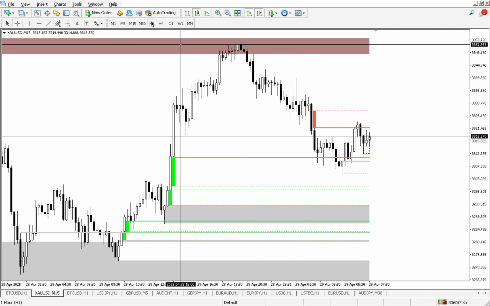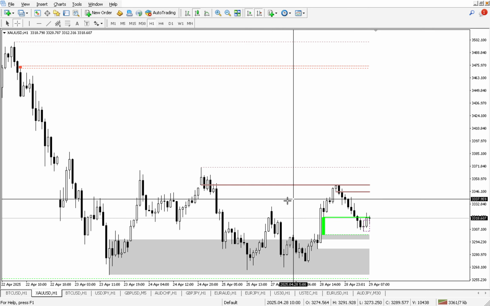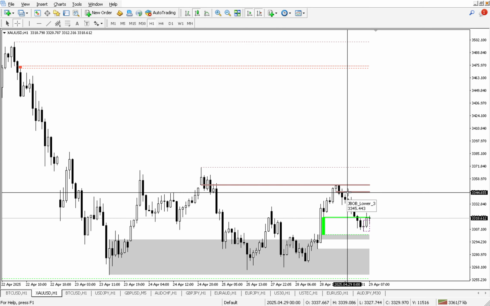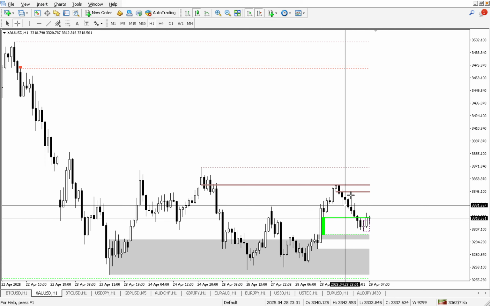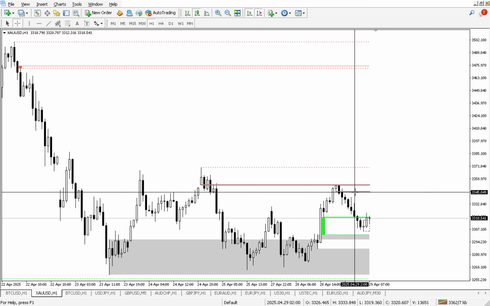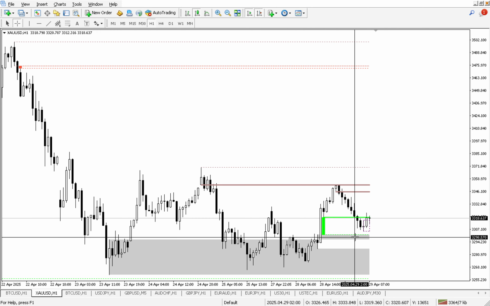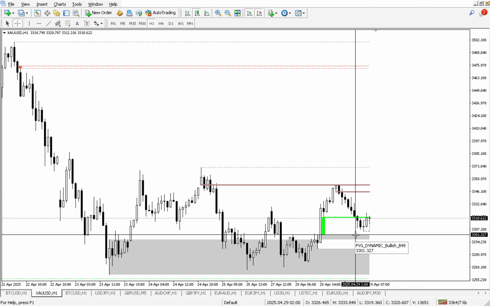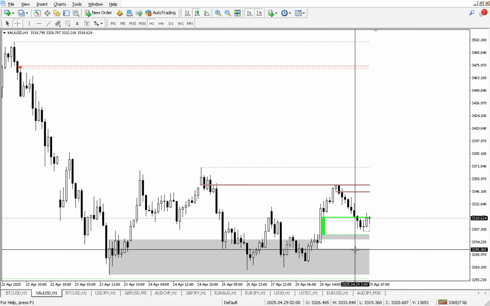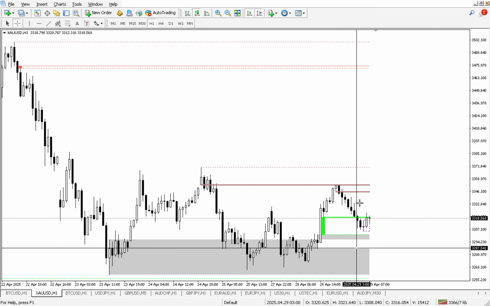If I go on the 1 hour, which is the one that I mostly use, the 1 hour will tell us that the most important region for sell would be around 3,345. But this is after price taps into our 3,301 level all the way to 3,285 level.